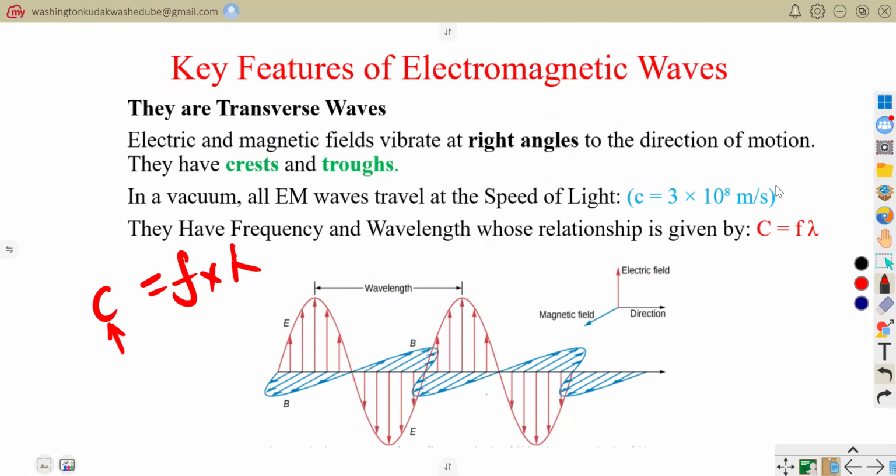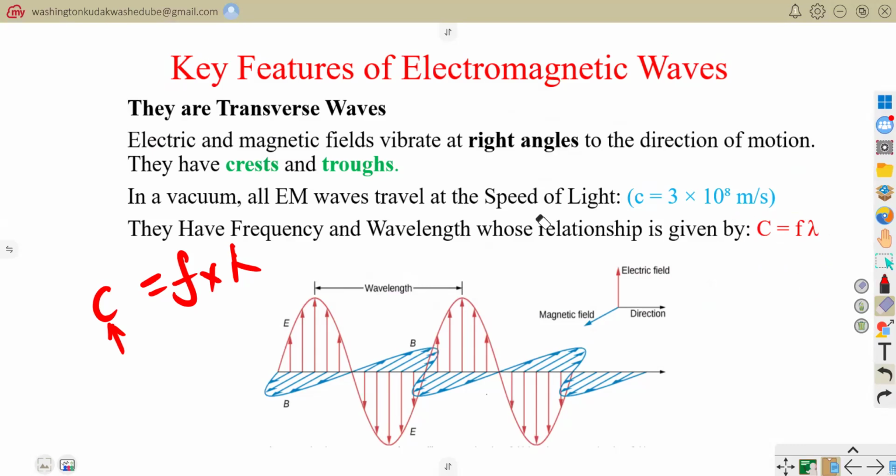That being said, this is the speed of light. So whenever we are dealing with electromagnetic waves, we should know that the speed we should consider is the speed of light. And then we can simply know our frequency if we know the wavelength of the wave.